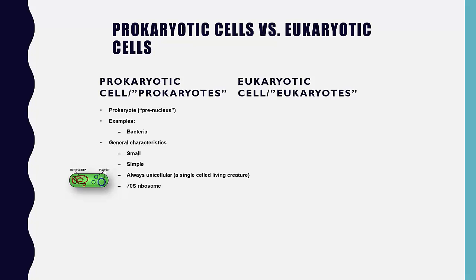Ribosomes make proteins. They assemble amino acids, right? If you remember that from Mr. Seberg's lecture. Prokaryotic cells have very small ribosomes. They're considered 70S ribosomes. The S stands for Svedberg.